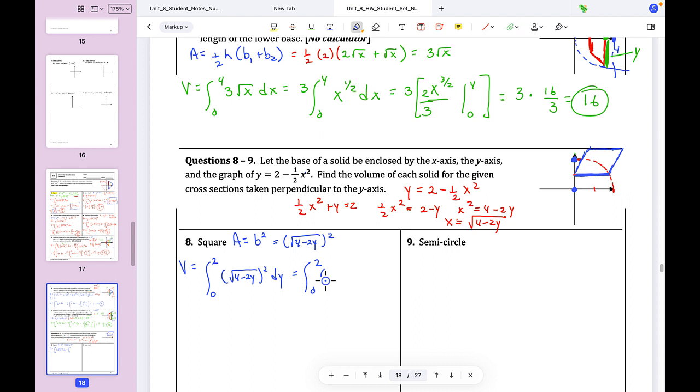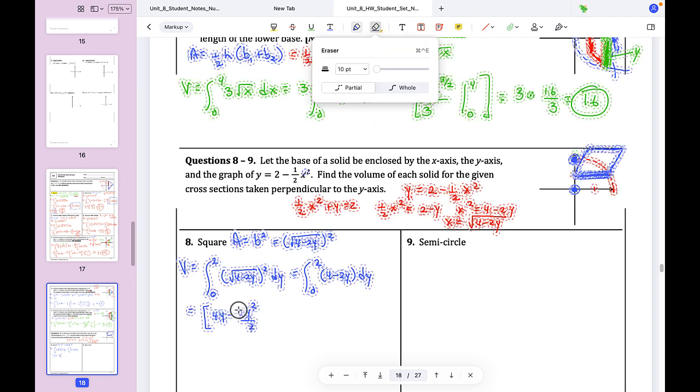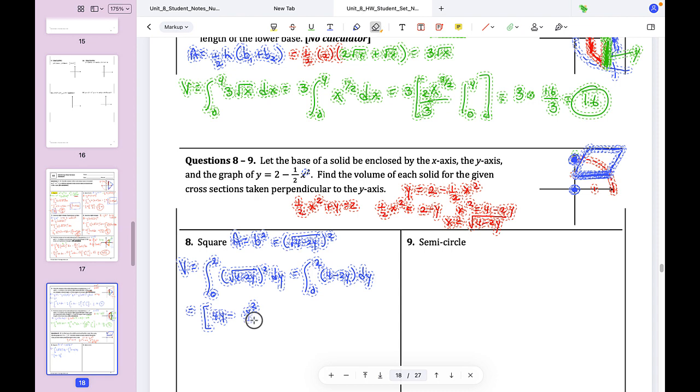When I square this, I just get 4 minus 2y dy. And that's going to give us 4y minus 2y squared over 2. So we'll just ignore those 2's there.